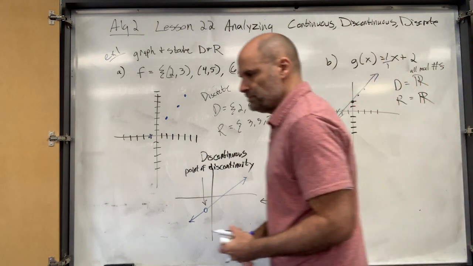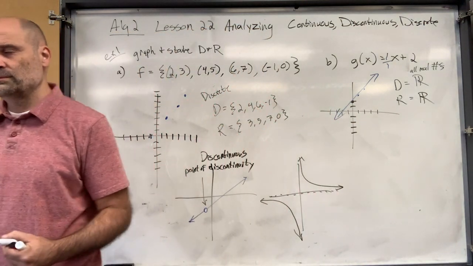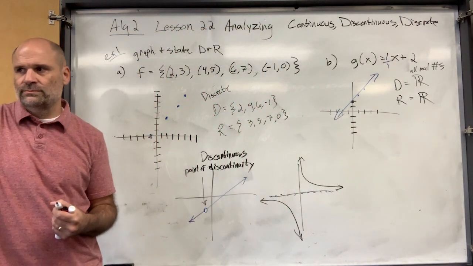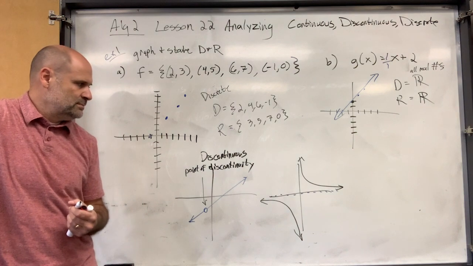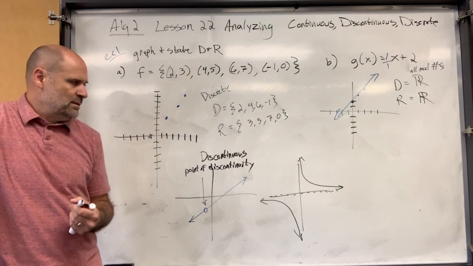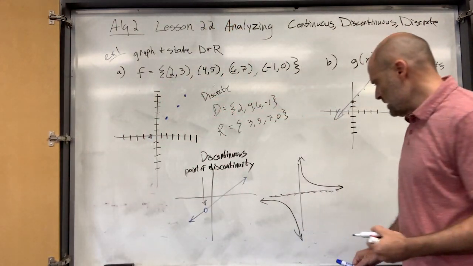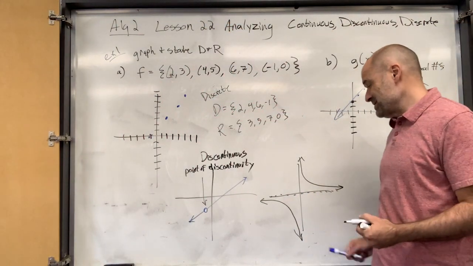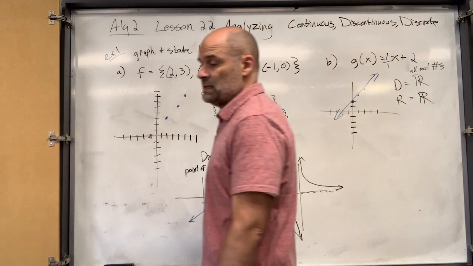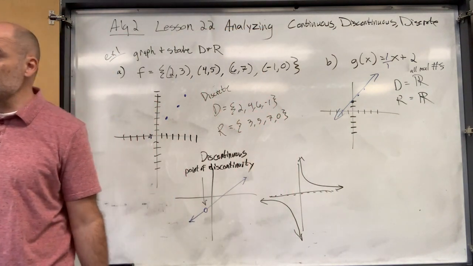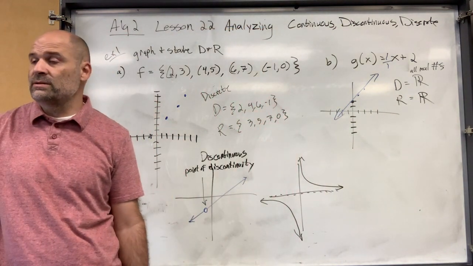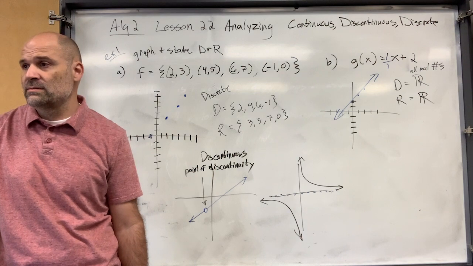If they were both touching the point 0, 0, it would be continuous even though they're not part of the same line. No, they wouldn't be, because whenever there's two graphs on there, it's not going to be continuous. It's discontinuous.